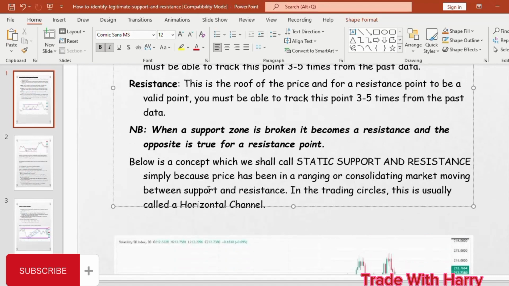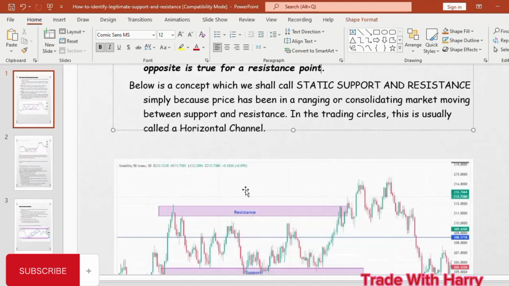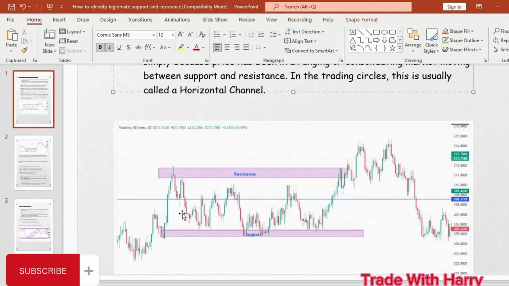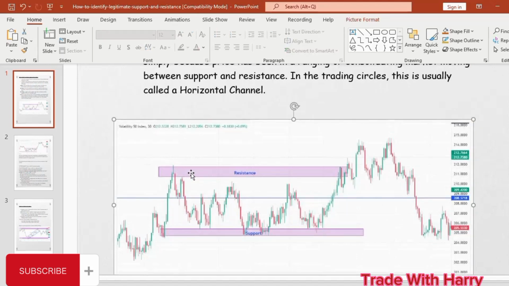Let's see an example of support and resistance zones. If you see here, it touches one area. We know that support and resistance are zones, so here is a zone all around this point.